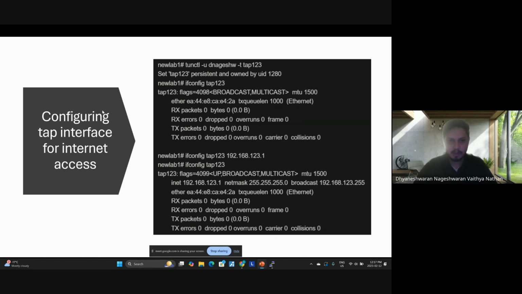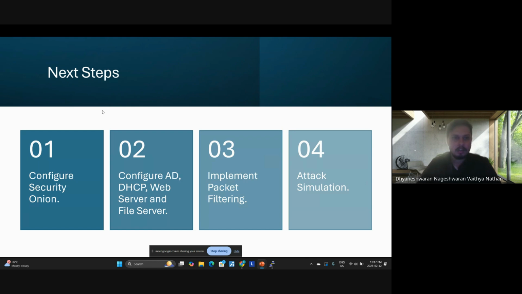So the initial plan was to show a demo of all these things, but since we are under time constraint, I'll move on with the next slides. And the next step, so the future step is to configure the Security Onion. A team is working on it, and to configure AD, DHCP, web server, and file server, and implement packet filtering.